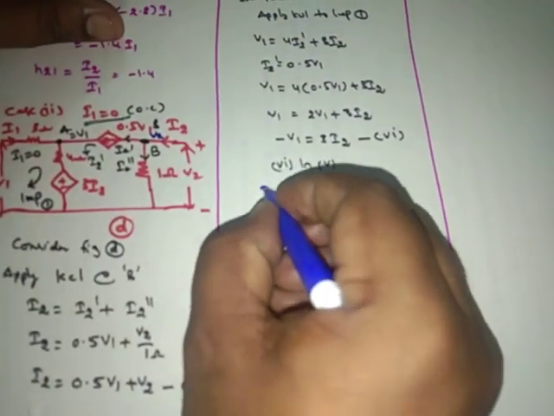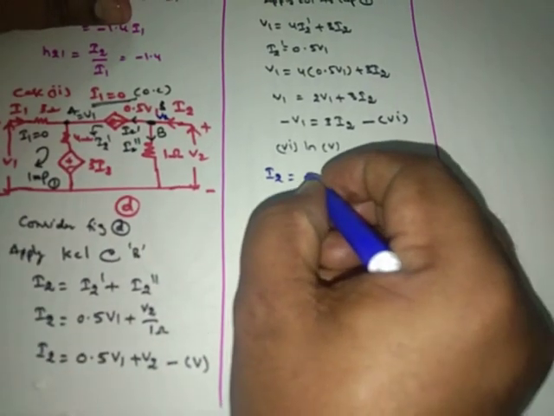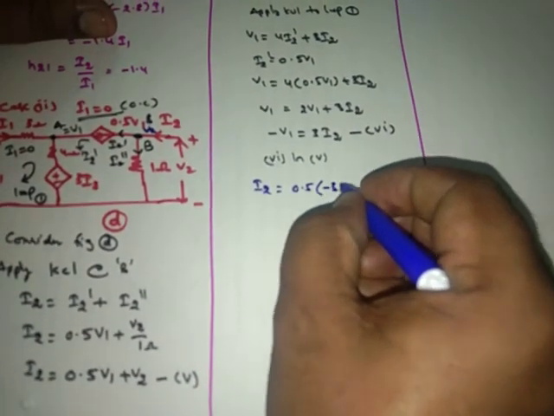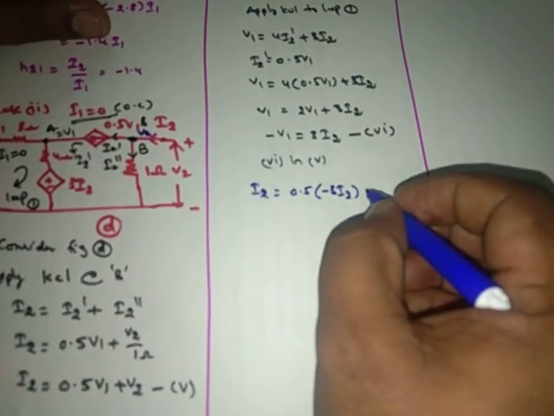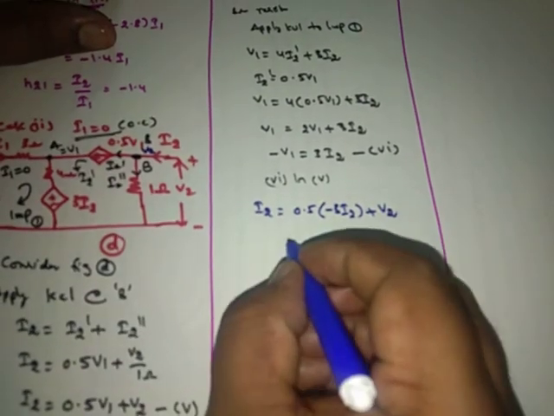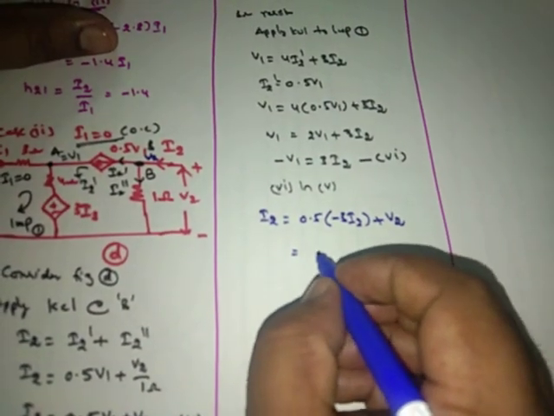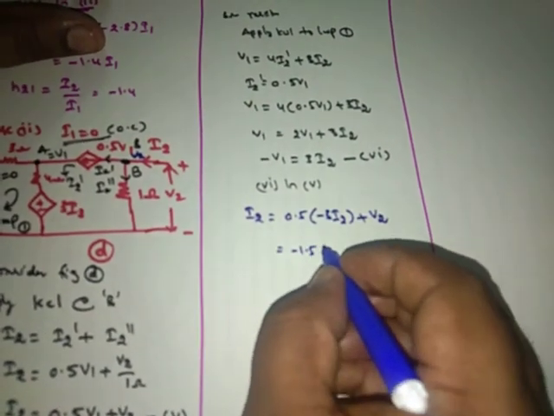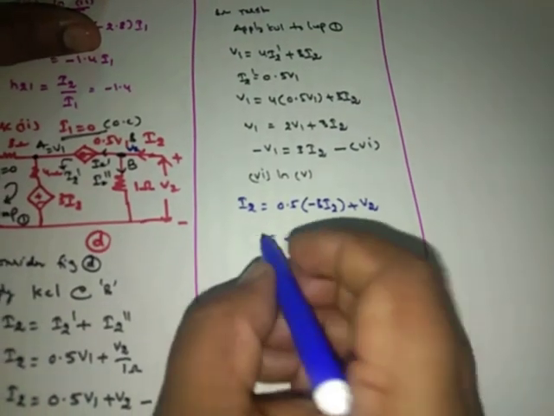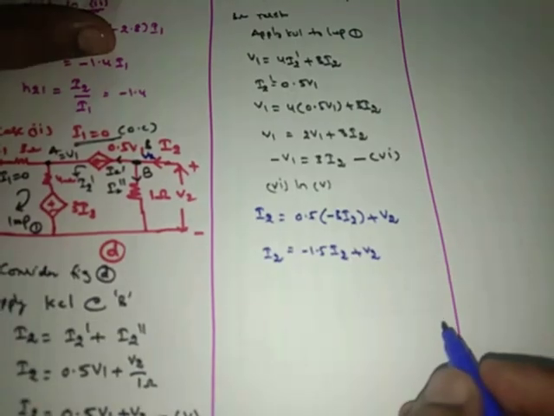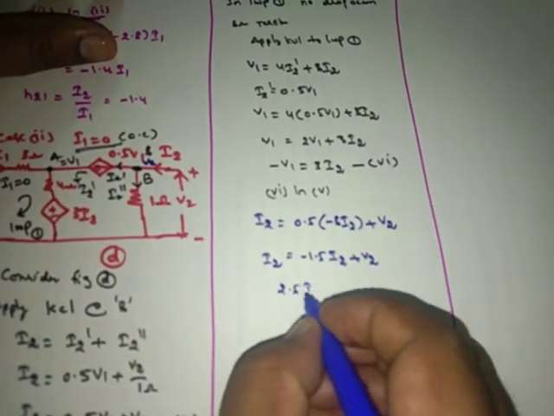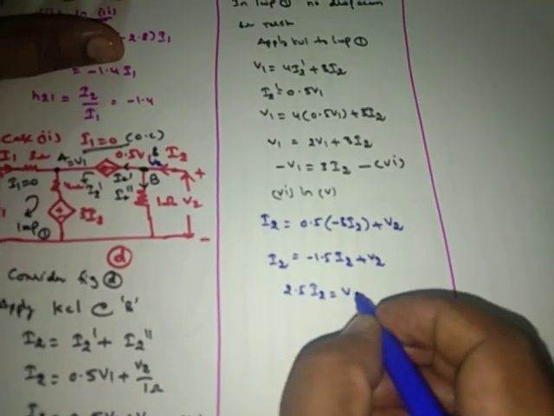Then I2 is equal to 0.5 V1 plus V2, with V1 equal to minus 3 I2. Then simplify this one: minus 1.5 I2 plus V2. This is I2. And again this one, 2.5 I2 is equal to V2.